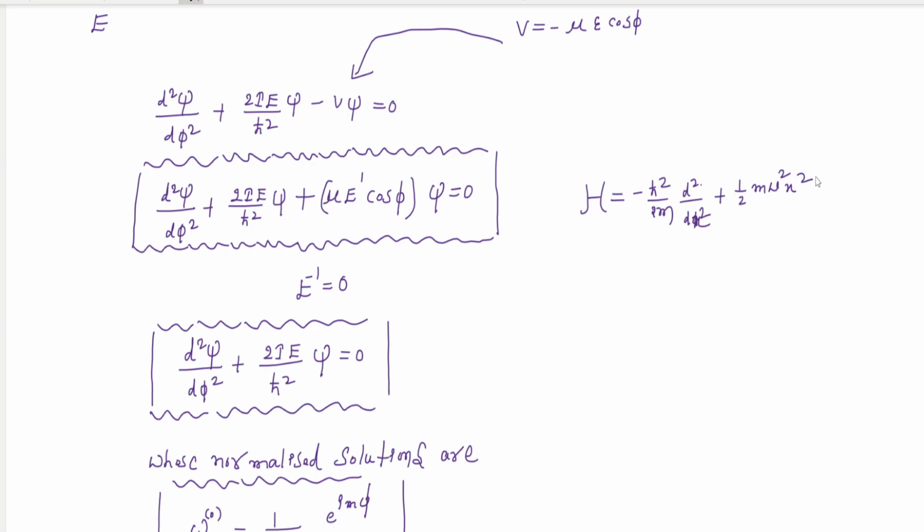In addition, one more term is there, mu E prime cos phi. So if you look at this Hamiltonian, it is better to use phi square. So this is the unperturbed term, and this is the perturbed term, right? This is the perturbed term.